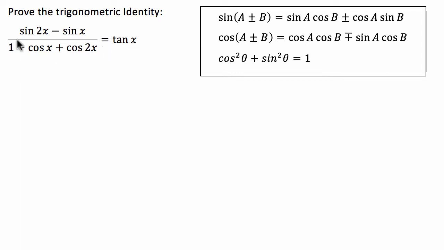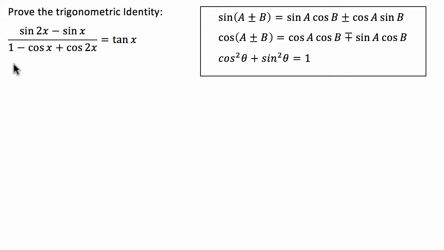The first thing that we've got to do in this identity is break down the sine of 2x and the cosine of 2x. We're going to use these top two angle sum formulas here.